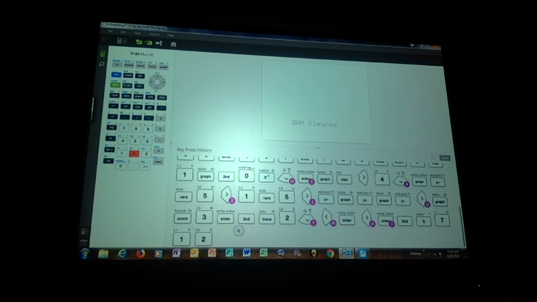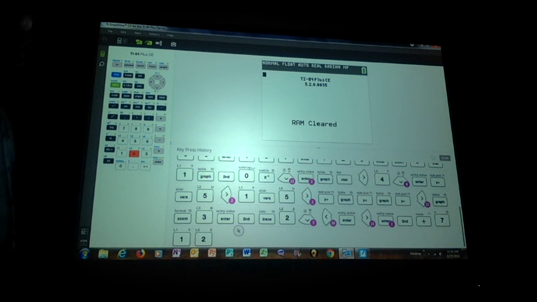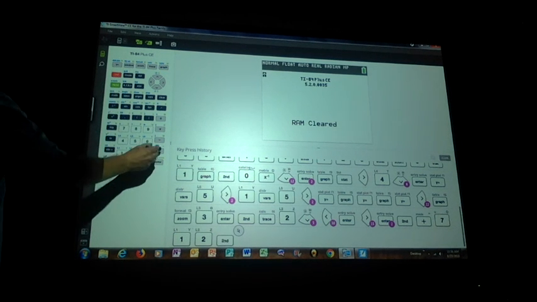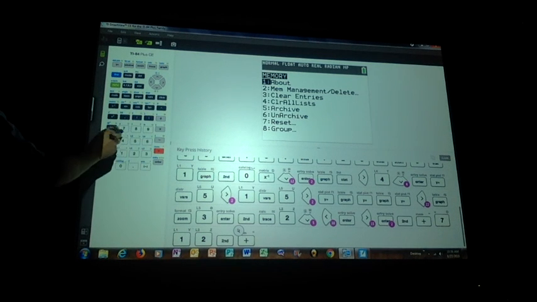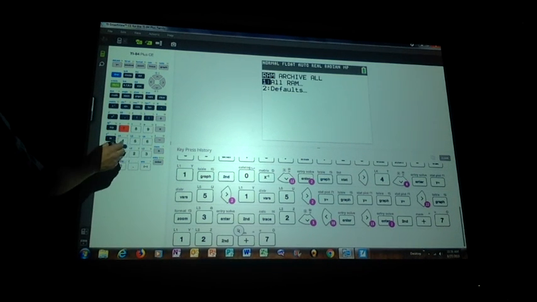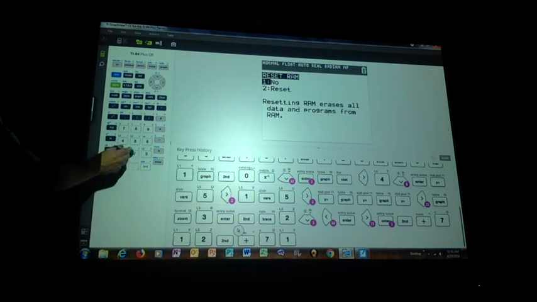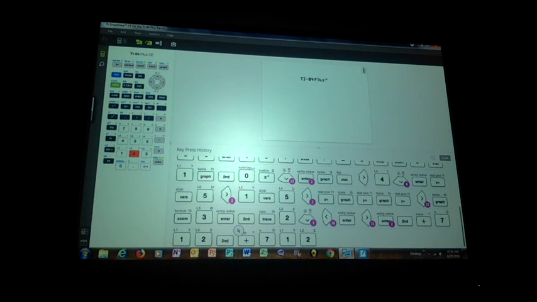It's always a good thing to do, especially if you're using the calculators from my class. The nice thing is if you do that and you walk into your science class, your calculator will work for you now because your window's not adjusted. So you go second memory, reset number 7, and then reset. And then turn your plot back on.